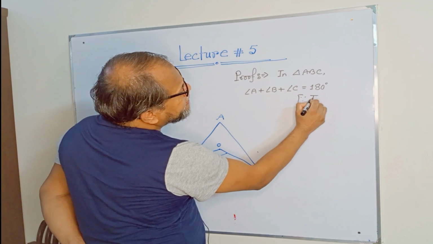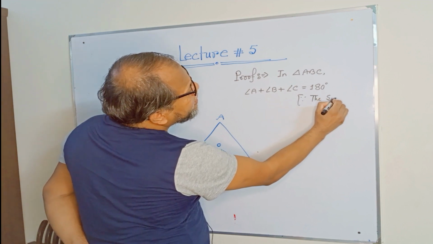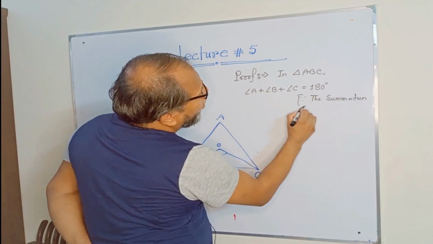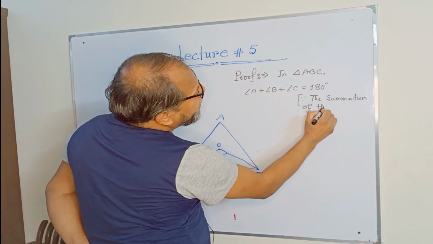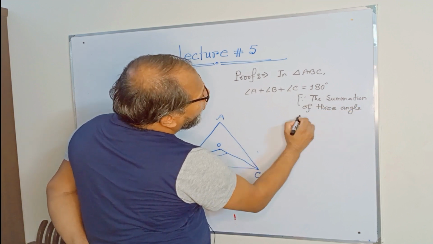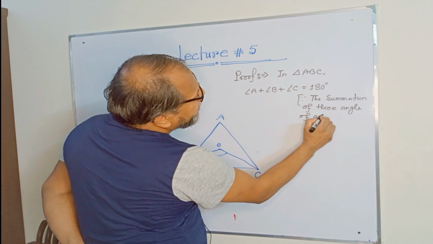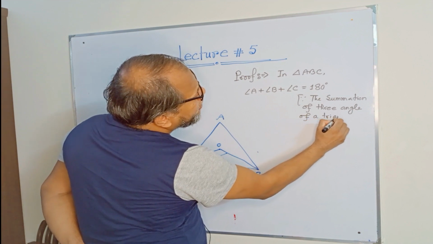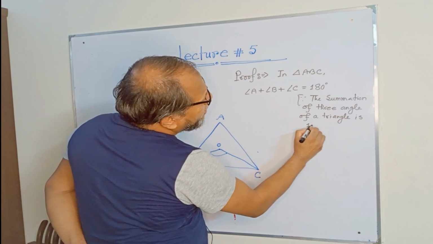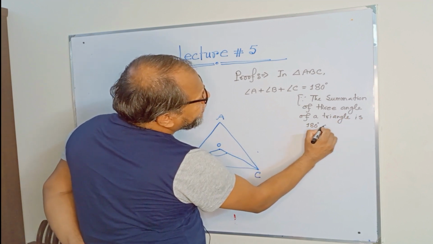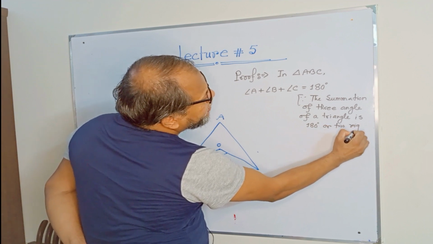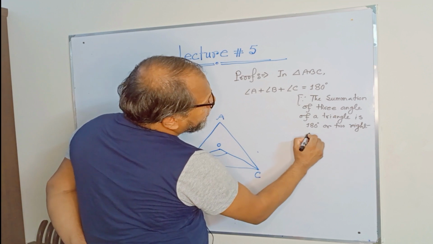Here the summation of a triangle is 180 degree or 2 right angle.